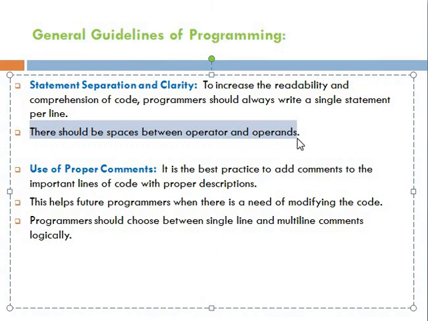In this expression a plus b, plus stands for the operator, and a and b stand for the operands. So the operands a and b, holding the values 2 and 3 respectively, have been added together with the help of the plus operator.